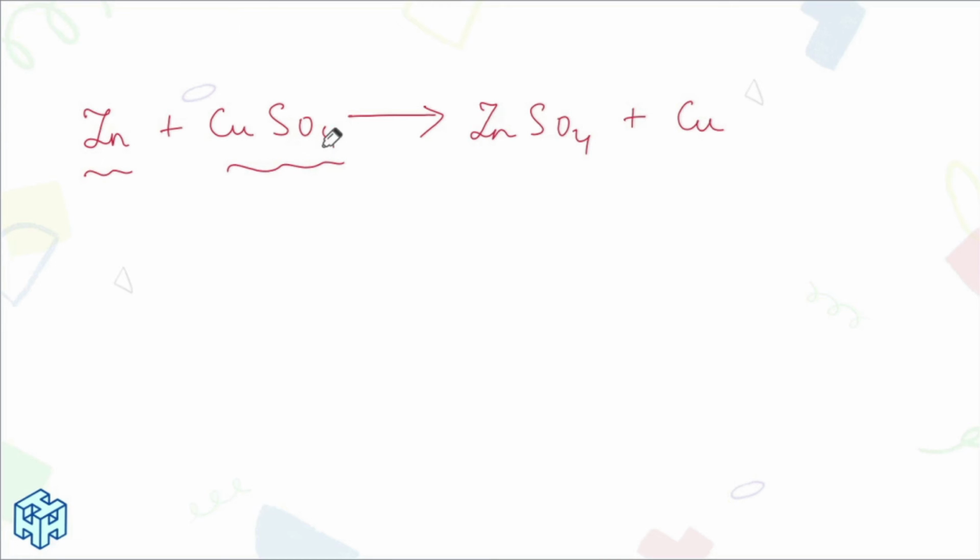Let me highlight it once more. Where one highly reactive element, let me consider zinc, comes to copper sulfate, now what happens? It becomes zinc sulfate and leaves the copper alone. Are you able to see?